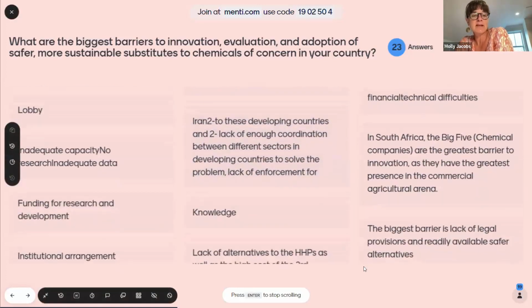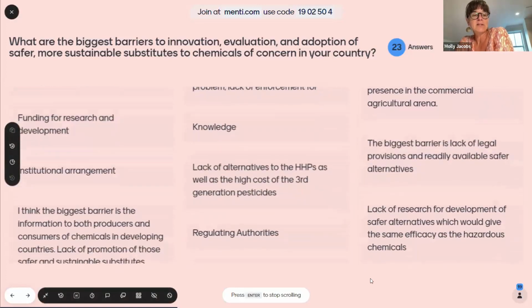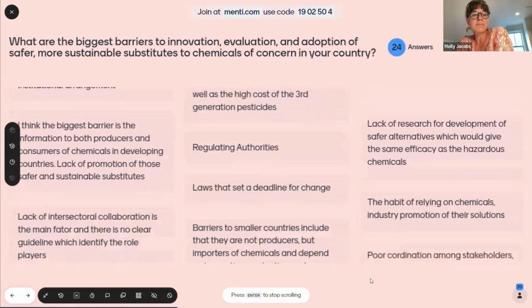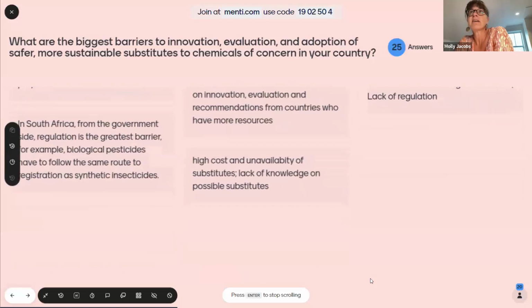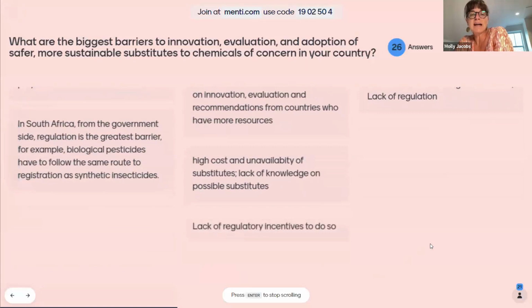Collaboration is absolutely hard, and Joel will actually provide an example of this later in our time together, that also speaks to other barriers that I'm seeing here. Meaning that in many of your countries, you aren't producers of chemicals, but rather downstream users. And so trying to identify the resources to support substitution from a downstream user perspective is also quite difficult.